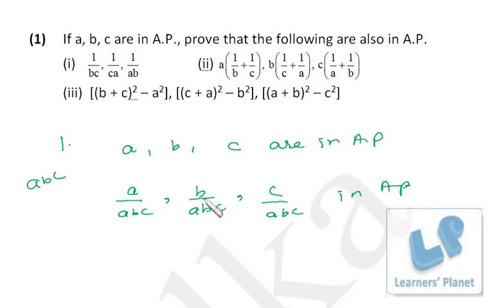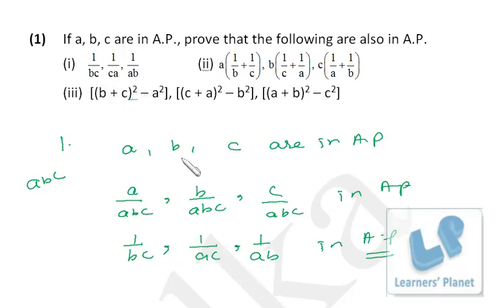So A by ABC means 1 upon BC, B by ABC means 1 upon AC, and C by ABC means 1 upon AB. They will also be in AP.